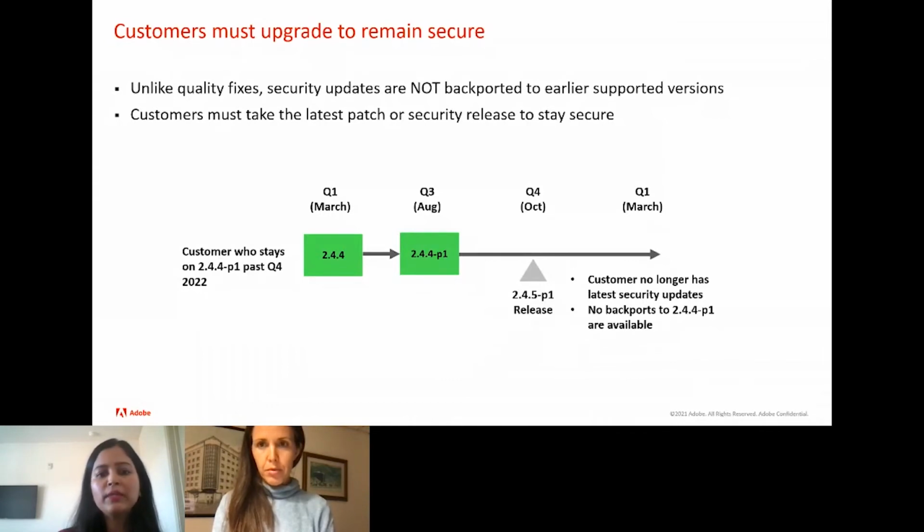What that means is the customer no longer has the latest security updates. And since the customer is on 2.4.4-p1, even though it's a supported version, the customer cannot get the security updates that were made in 2.4.5-p1 backported to 2.4.4-p1. So they have to upgrade in order to be secure and to make sure that all the security issues in their environments are being addressed.